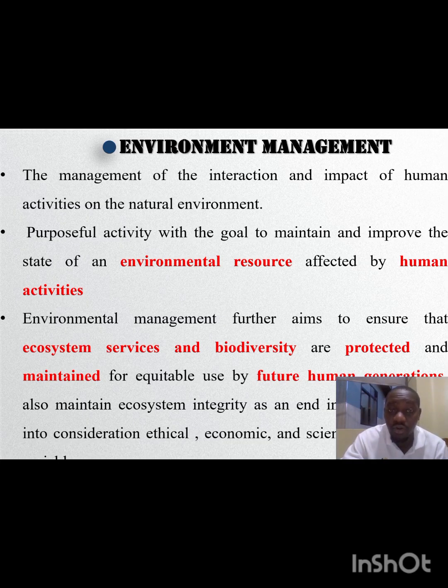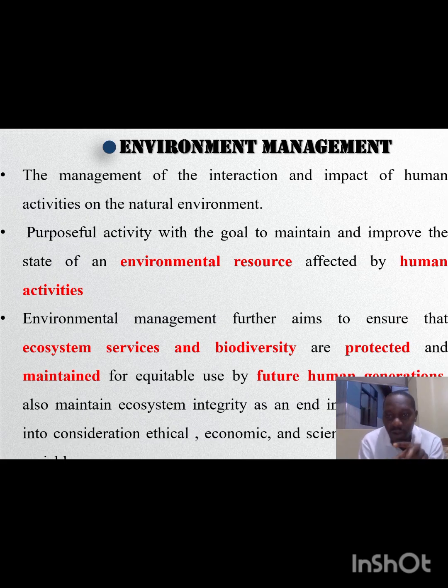Ensuring that ecosystem services and biodiversity are protected and maintained. In the natural environment, we have to protect the biodiversity. We depend on each other. Whether it's bacteria, we have a lot of bacteria ourselves, but microbial activities are important in nature.